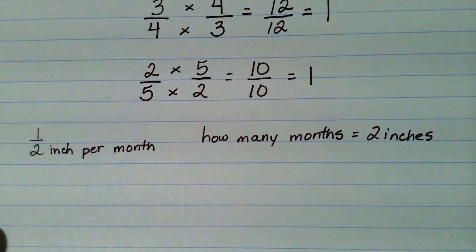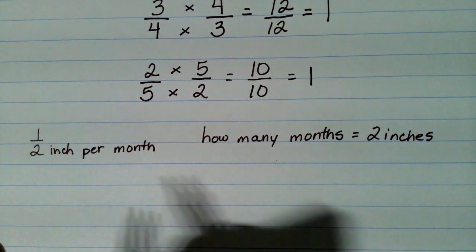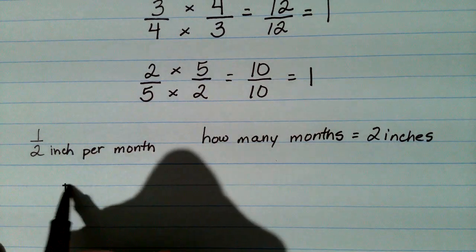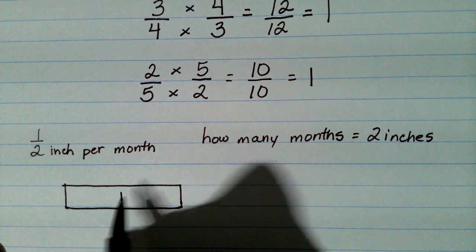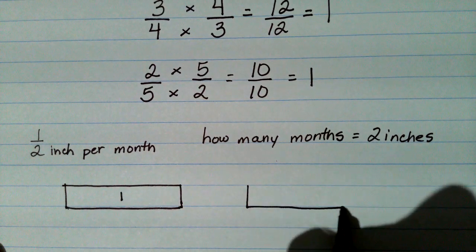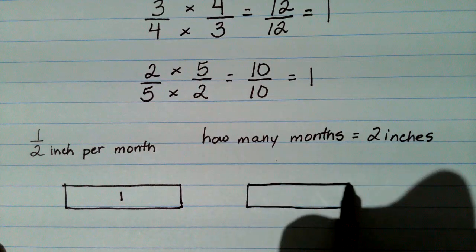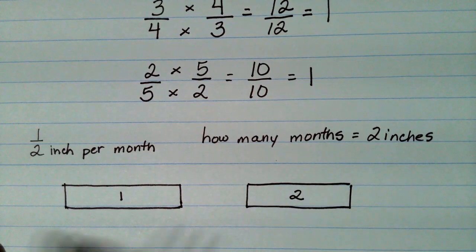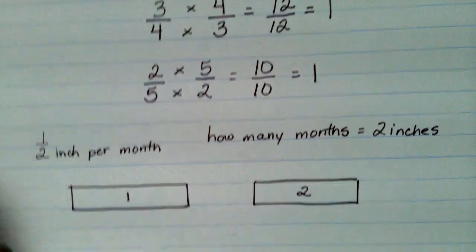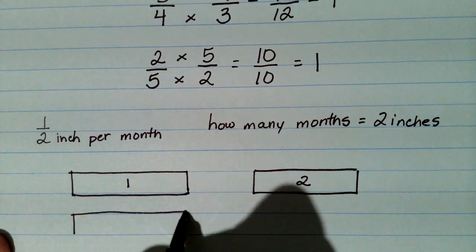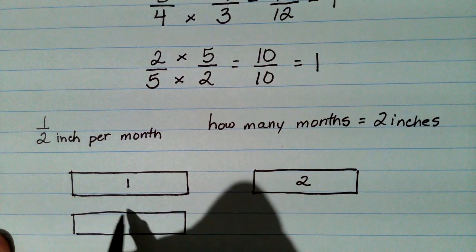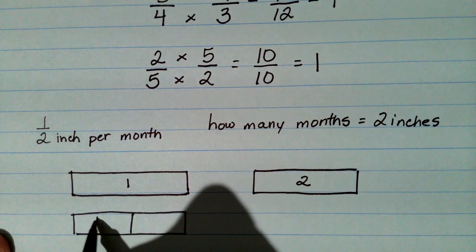Well, we can look at it this way. We can say, all right, we want 2 full inches. That's our goal. Here's 1 inch. Here's the 2nd inch. And we're going to get 1/2 inch in 1 month. So here's the first month. We've got 1/2 inch.